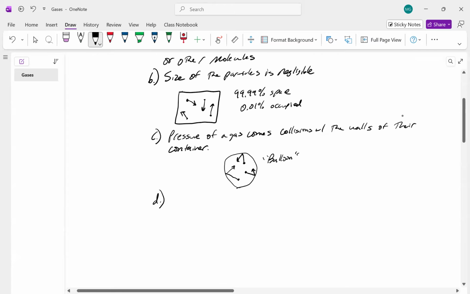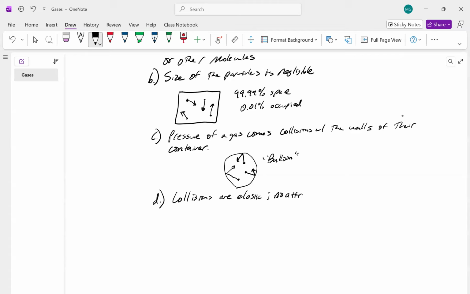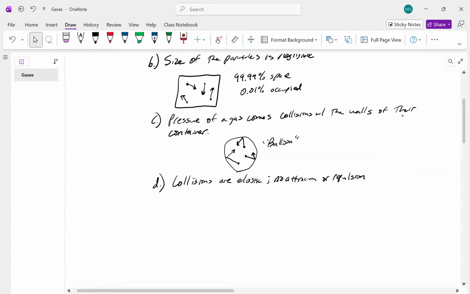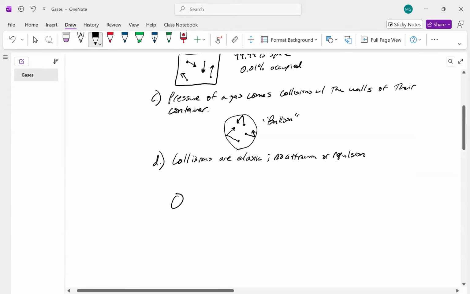The fourth thing is that when they do collide, collisions are elastic, meaning there's no attraction or repulsion between the molecules. And so when you have one gas molecule and it collides with another one, they're going to bounce off each other and leave with the exact same energy as they came in with.